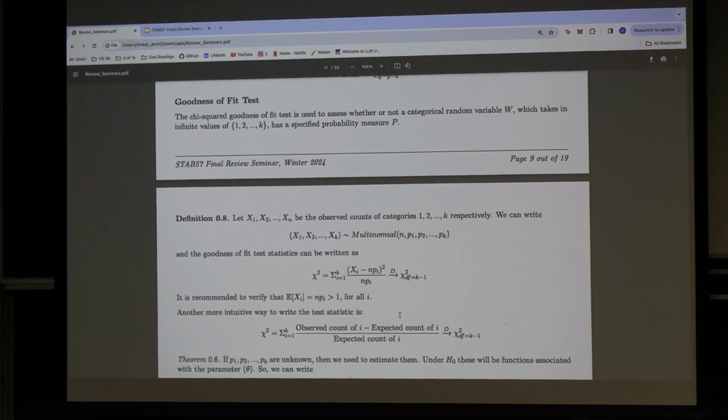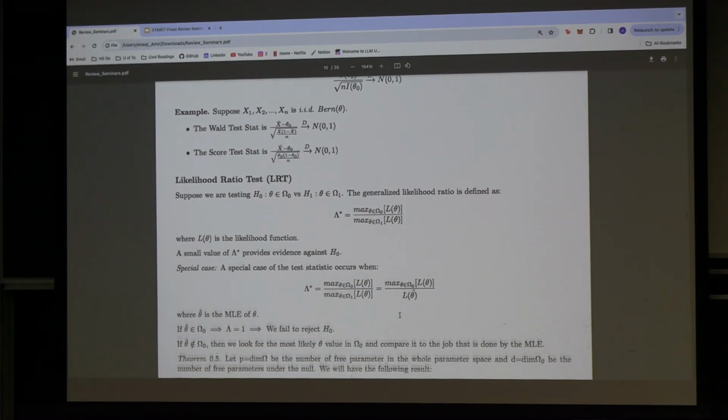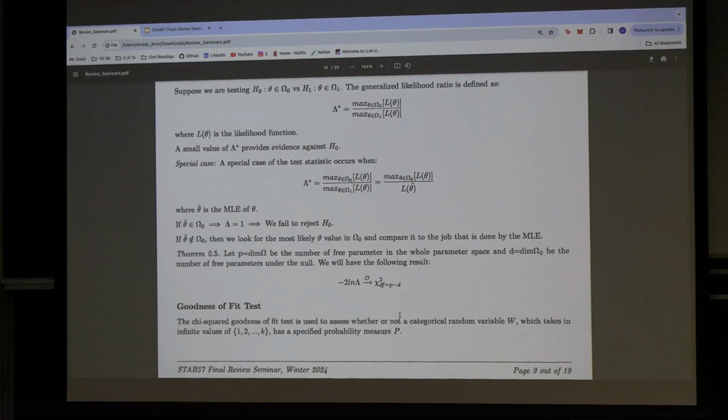Well, P is defined as the... let me read so I don't make a mistake. P is the dimension of the entire parameter space, right? Versus D is the dimension of the null hypothesis. What this means is, let's say my null hypothesis wasn't a region.